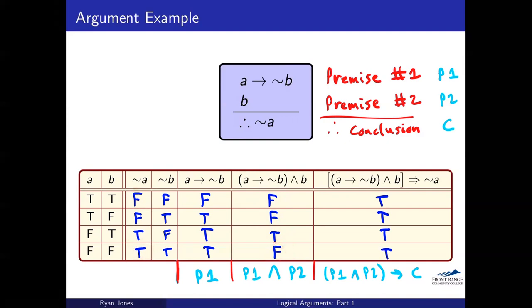And hopefully you remember here, this that we've achieved, we've gotten this whole final argument written out in a compound statement, and we've calculated the truth values, and no matter what, we always get true. That is a tautology.